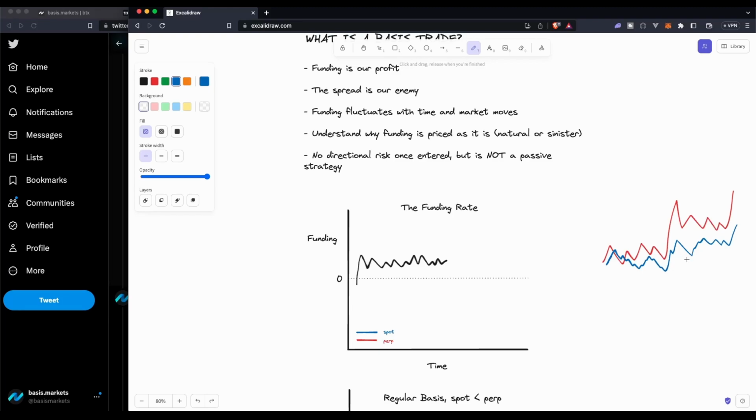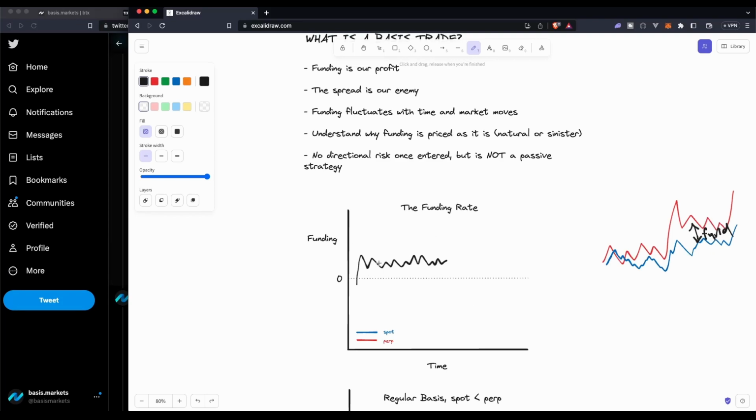And typically at times like this, it's a bull market or people are positive on that particular coin and they're happy to bid up the perp and pay to be long. So that differential that exists between the perp price and the spot price is the funding. So that difference there is the funding, which is what we see on the funding chart here.